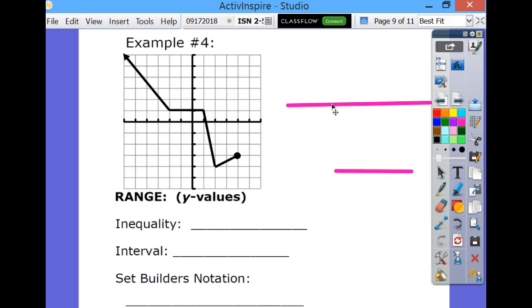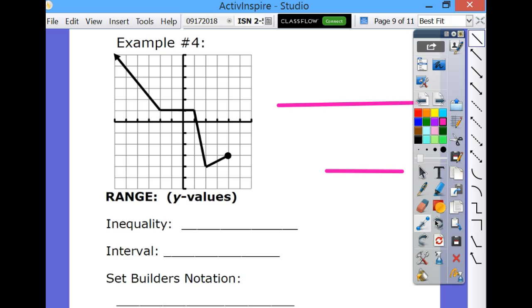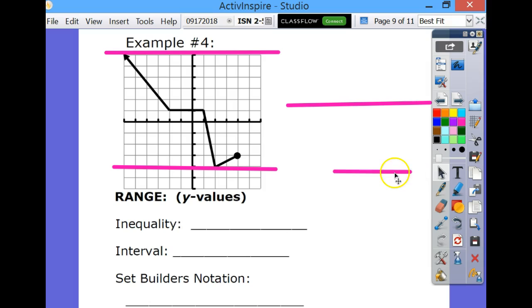Okay, I'm having difficulty with my line segments here. So, this one right here is at the top. This one right here is at the bottom. But is that really true? What's not true about it? Is this one right here really the top?